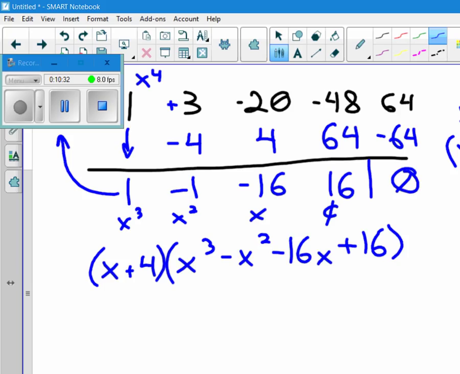And I just pulled these from the coefficients directly up above.